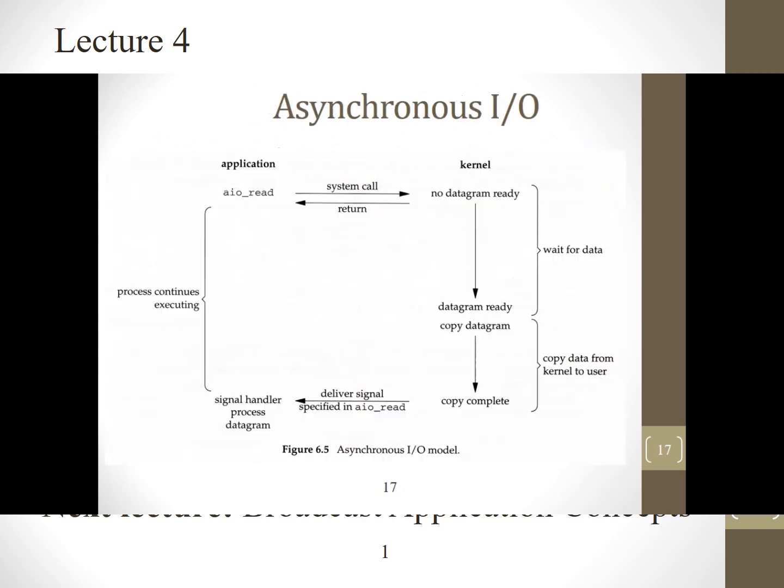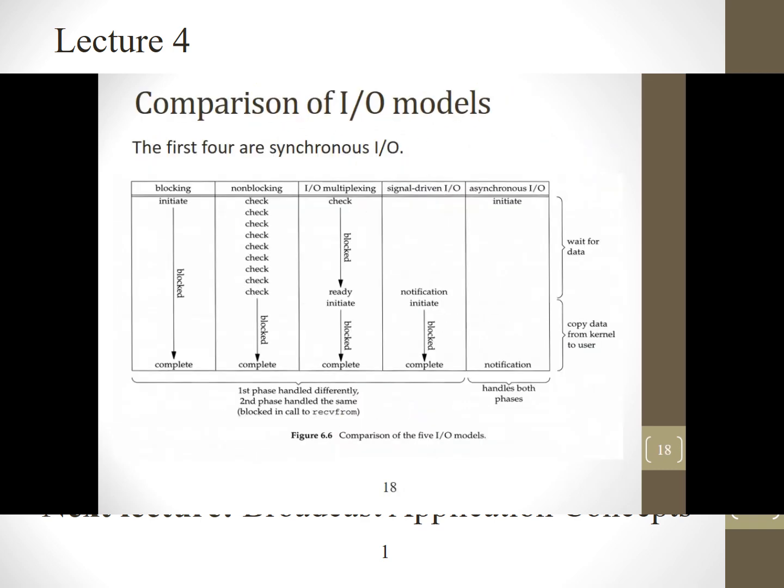Okay, the summary is the comparison of IO models. Now here we need to look into it very deeply. So this is our blocking IO model, non-blocking, IO multiplexing, signal-driven, and asynchronous.